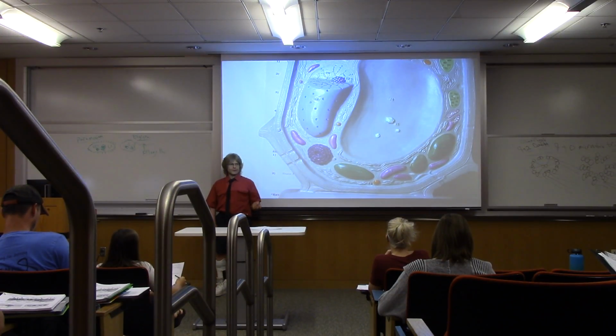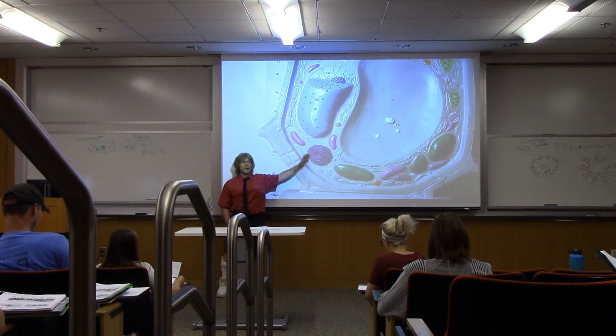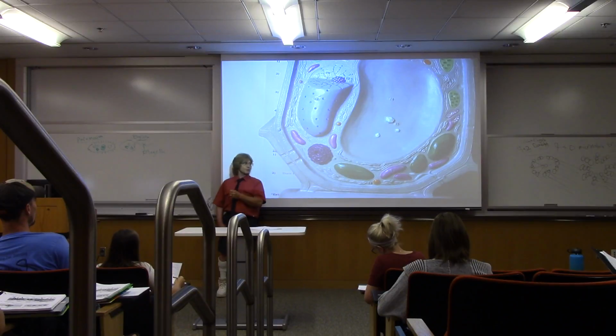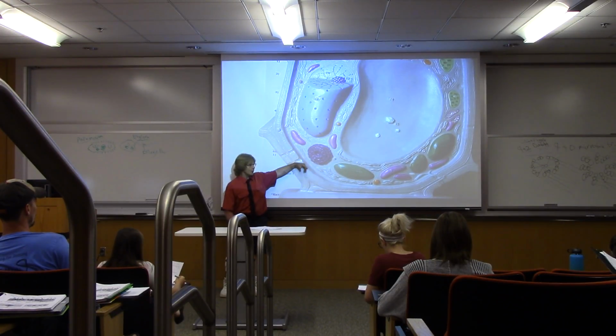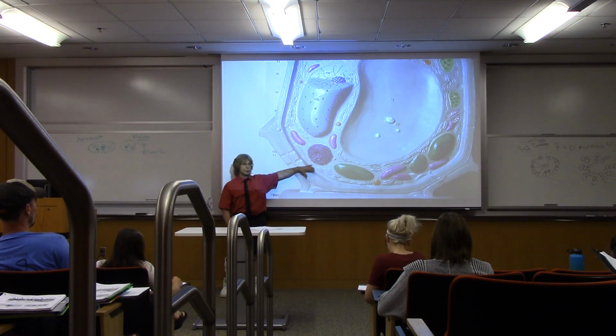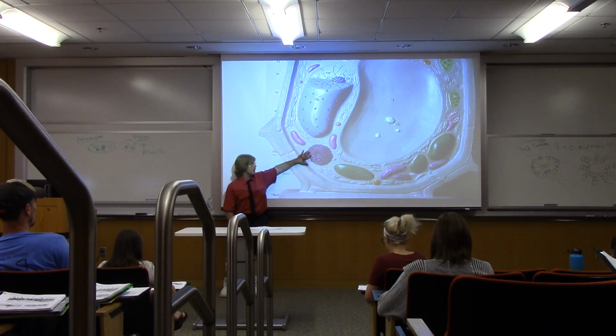Okay? Every single cell has a plasma membrane. That butter sandwich, including plant cells. But that turgor pressure that I was talking about holds that pressure almost adhered to the cell wall would be the plasma membrane of this plant cell.